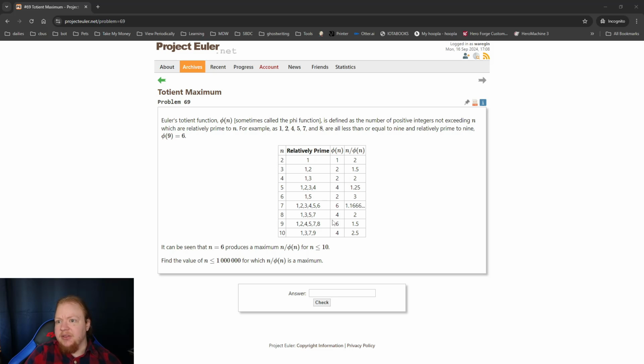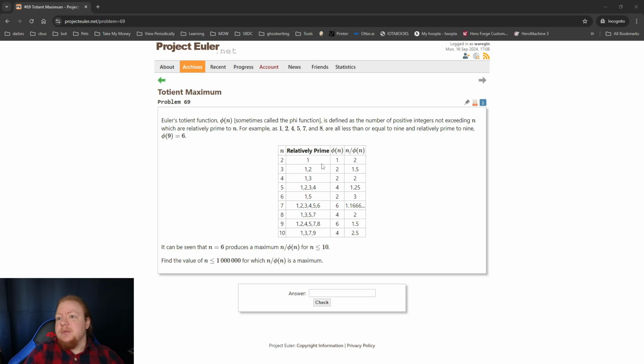And then they have this table listing all of the relatively prime numbers. It can be seen that n equals 6 produces a maximum n divided by phi of n for n less than or equal to 10. Find the value of n less than or equal to 1 million, for which n divided by phi of n is a maximum.